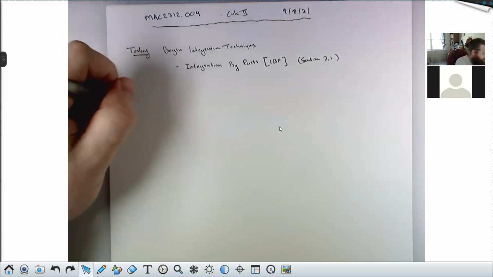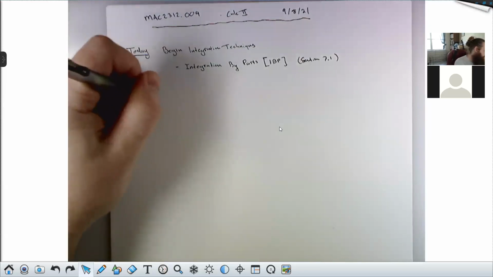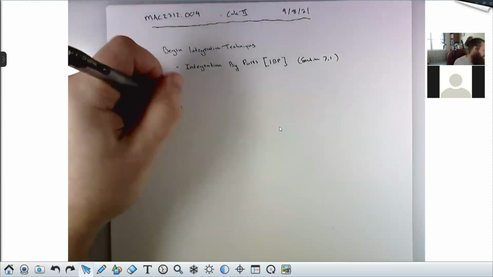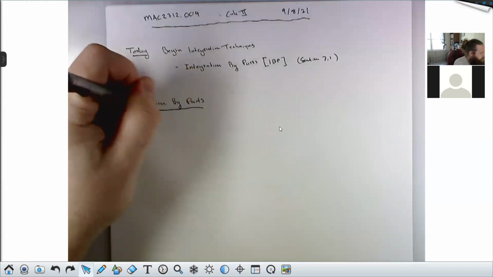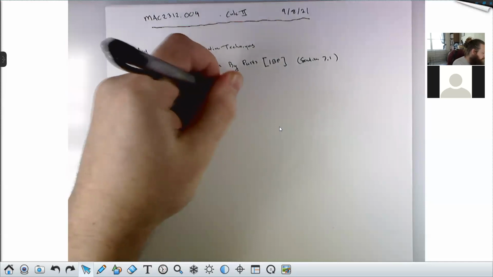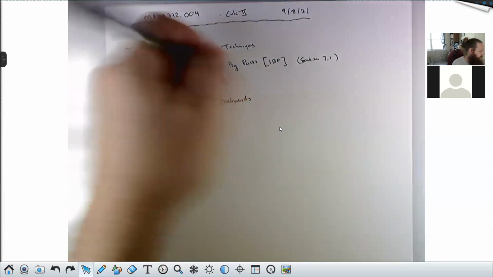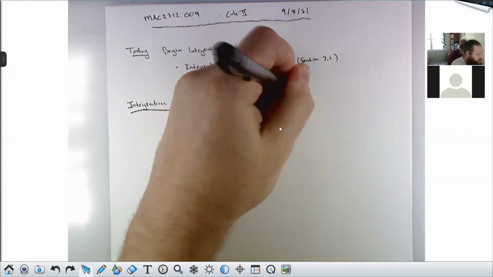So this is integration by parts, which is a backwards product rule.